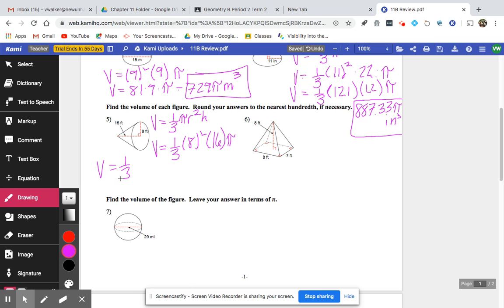So V equals 1/3 times 64 times 16 times pi. Multiply all that together, 64 times 16 times your calculator's value for pi. All of that's divided by 3. You will get approximately 1,072.33 feet cubed.